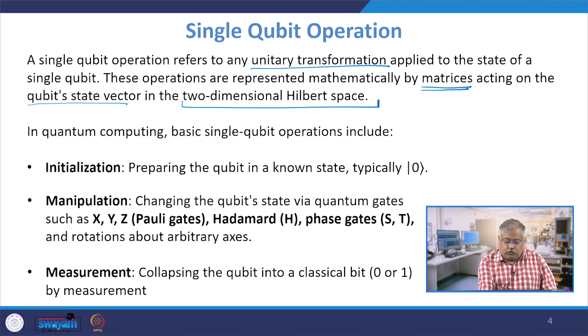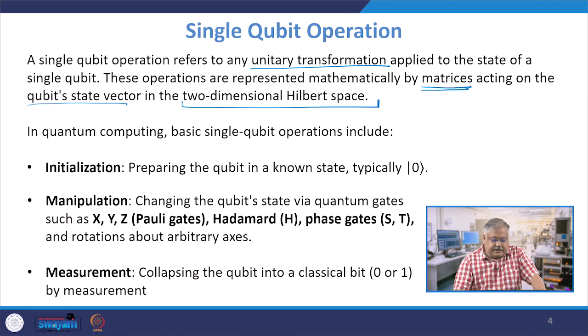Even if you do not understand the two-dimensional Hilbert space, you must understand that the state of a qubit, when you do a mathematical analysis, can be represented by matrices. For the X, Y, Z gates, the Hadamard gate, the Toffoli gate or the phase gates, there is a matrix associated with each. So it is basically a matrix multiplication operation for any of the gates which you design.